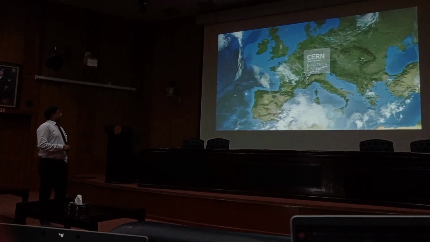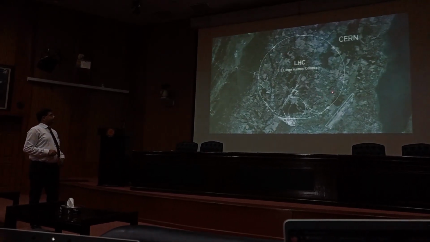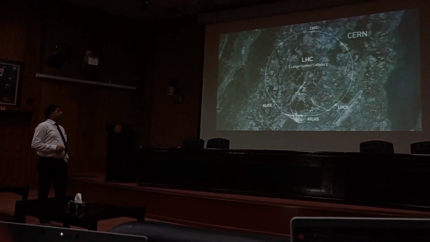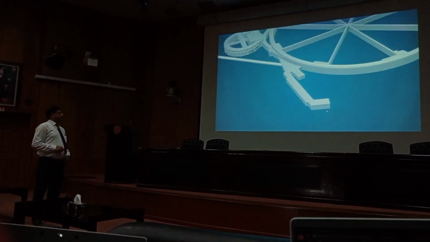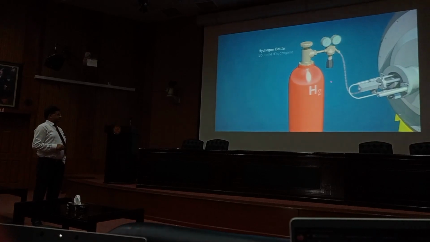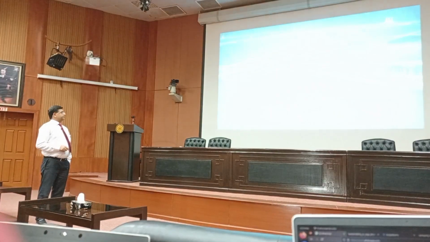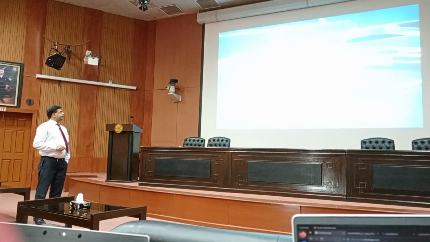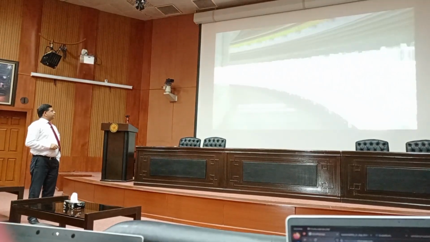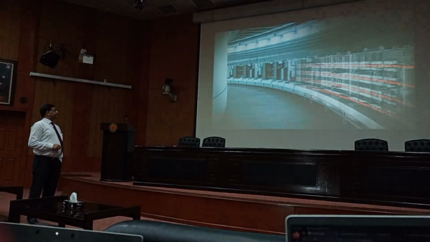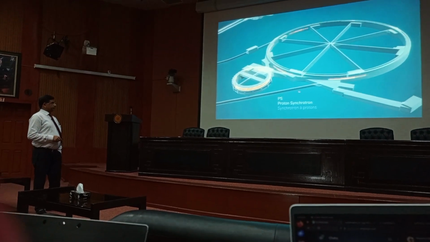In the next slide, we can see how the beam goes from the source towards the boosters and towards the proton synchrotron. This is the source for protons, and from there the beam goes to the LINAC, and then the proton synchrotron booster, and then to the super proton synchrotron.